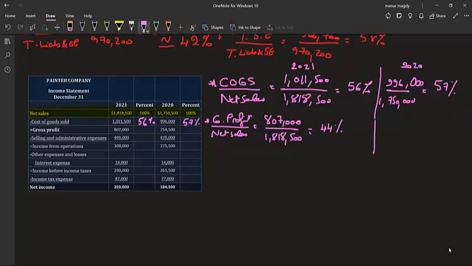And for year 2020, we're going to take this amount, 754,000, and divide it by the net sales.